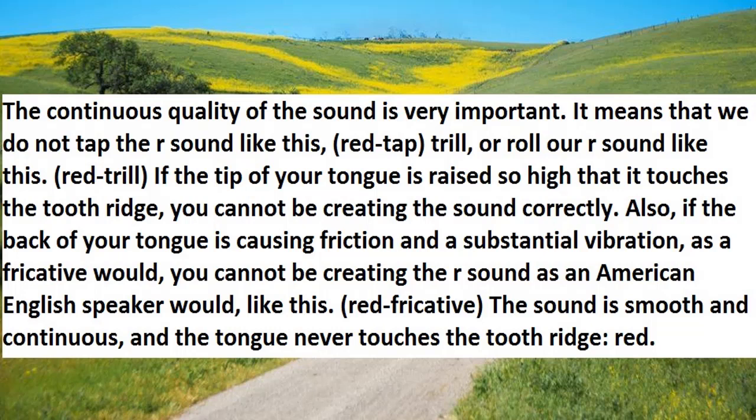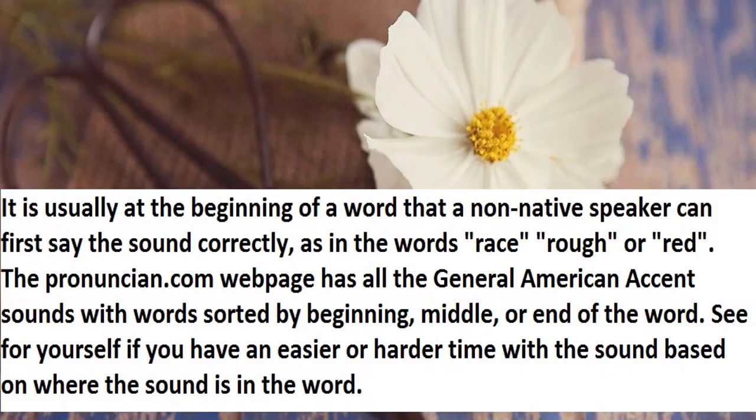Also, if the back of your tongue is causing friction and a substantial vibration, as a fricative would, you cannot be creating the R sound as an American English speaker would, like this, red. The sound is smooth and continuous, and the tongue never touches the tooth ridge. Red.